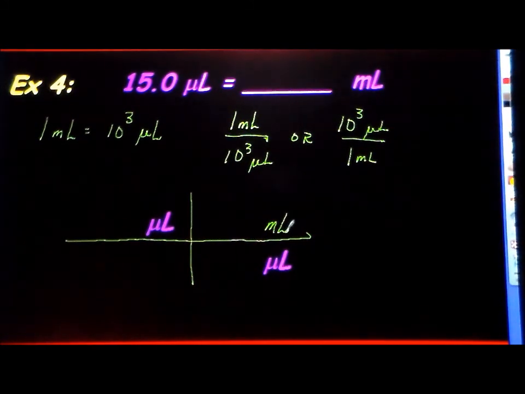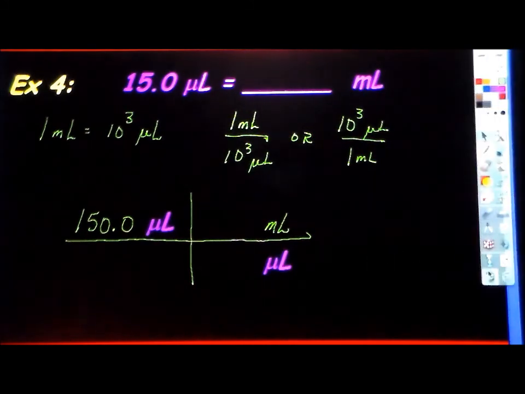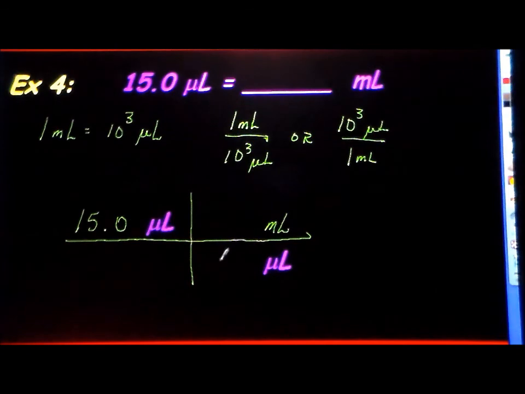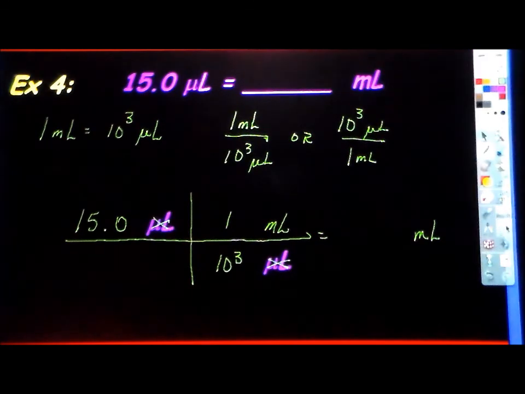So let's put in the numbers. We have 15.0. And then we have 10 cubed microliters to 1 milliliter. So now notice that the microliters are going to cancel out, and my final unit in this problem will be milliliters, which is what we want.